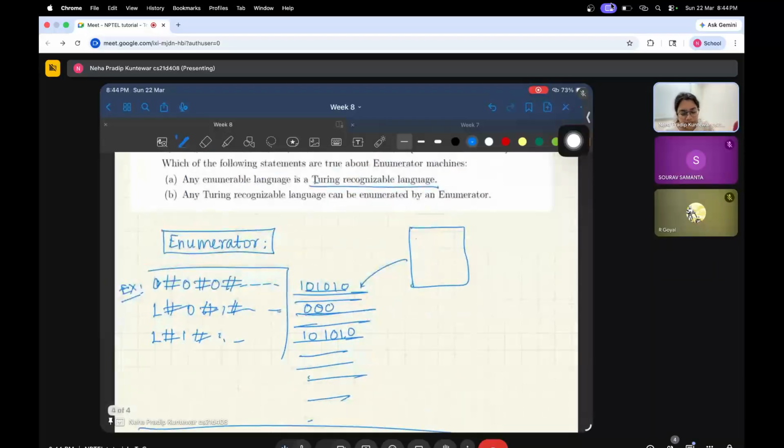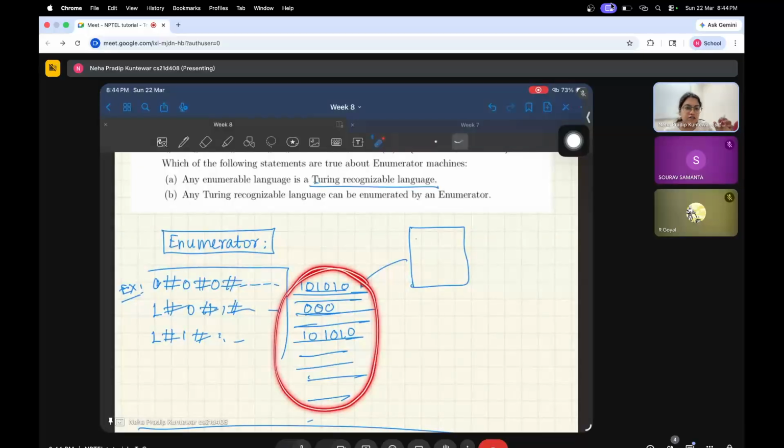If you look at the set of strings that are printed by an enumerator, it forms a language, right? It's a subset of sigma star. So if a language is printed by an enumerator, you say that it is an enumerable language.